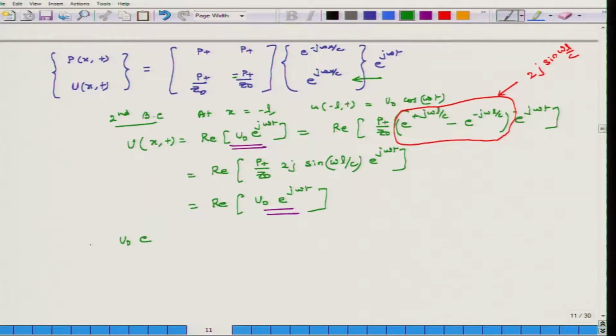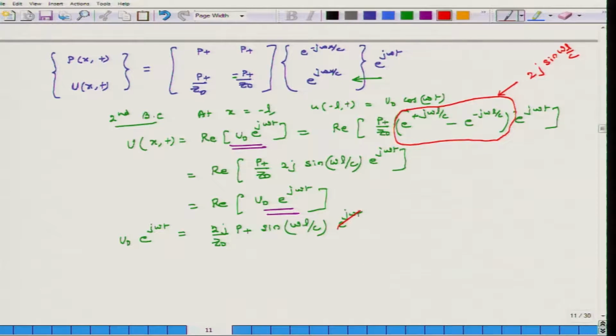So, what that means is u naught, and u naught is a real positive number, e to the power of j omega t is equal to 2 j over Z naught, P plus, sin omega L over c, times e to the power of j omega t.